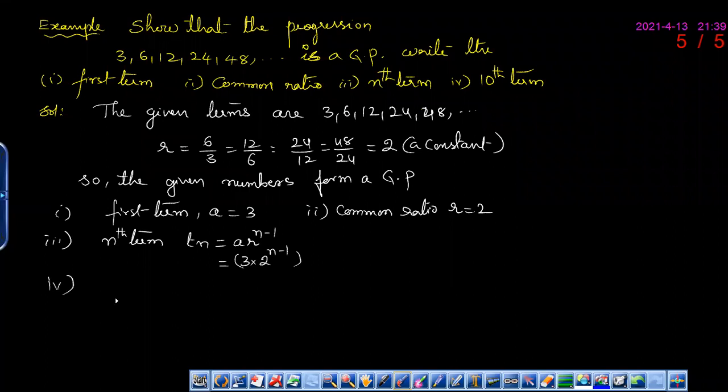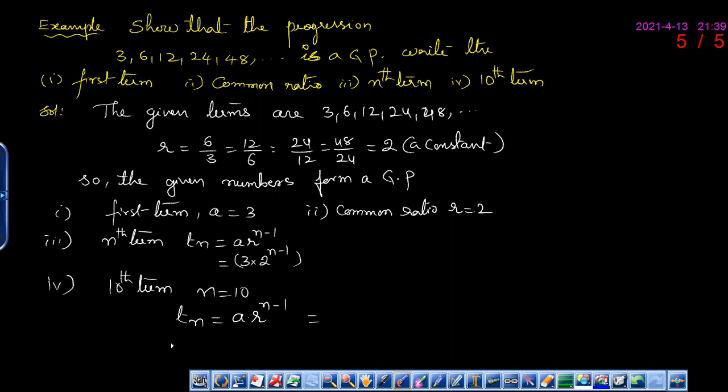For the fourth one, you have to find the 10th term. 10th term means n is equal to 10. What is the formula? Tn is equal to A into R to the power n minus 1.